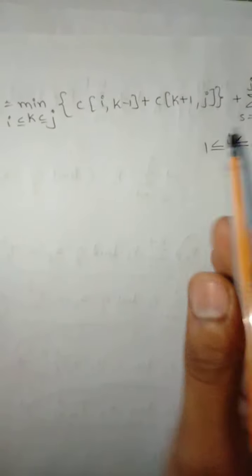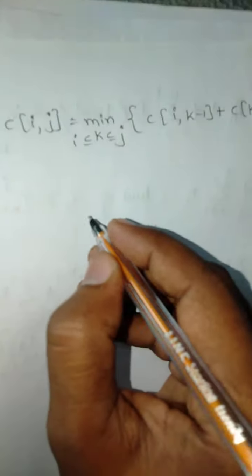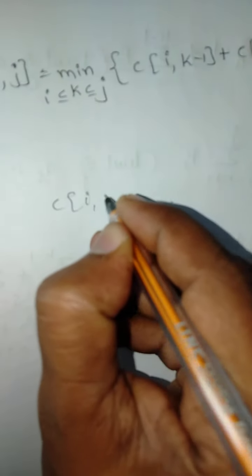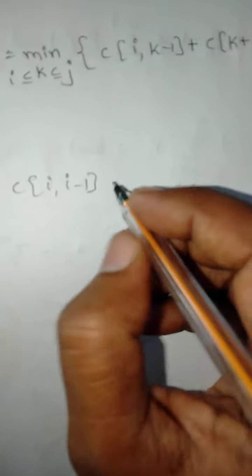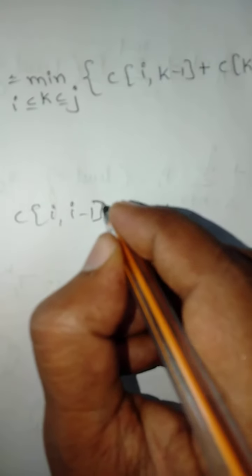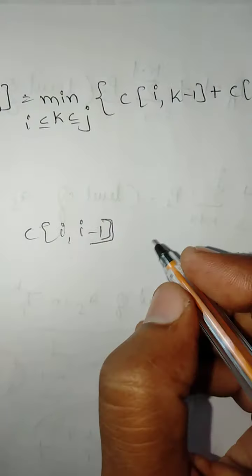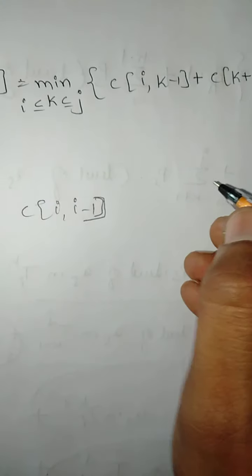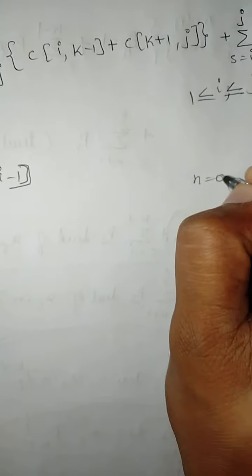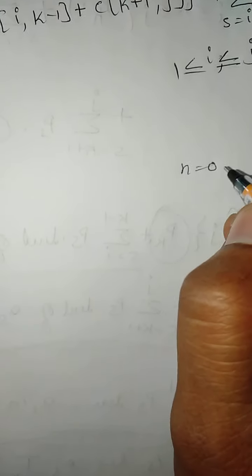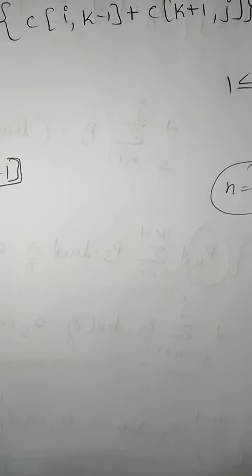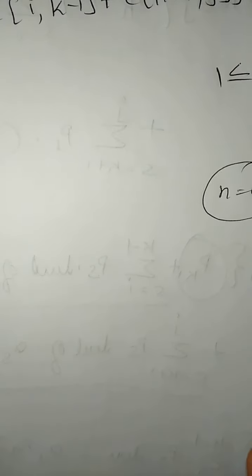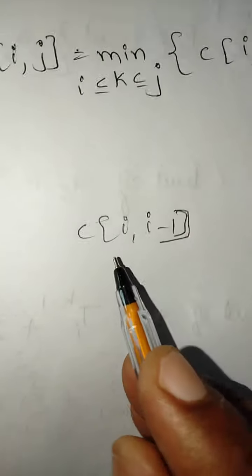Given this formula, how can you find C of i comma i minus 1? Because this comes as one table entry. Say, for example, the number of keys is 0, I mean an empty binary search tree. If it is an empty binary search tree, then what is the number of key comparisons?